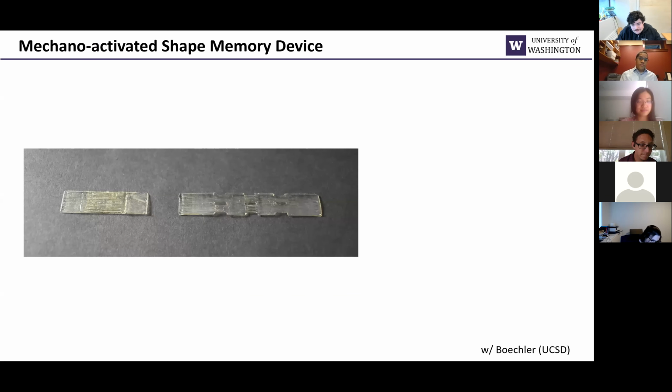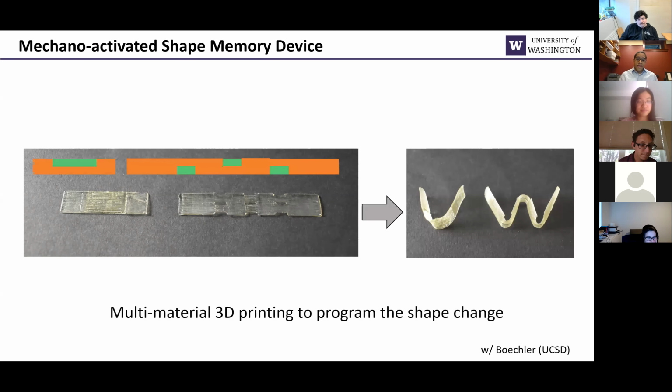And so there are ways to then create more sophisticated bending structures using this approach. This is something that we've done with our collaborator at UCSD, Nick Beckler. If I gave you these two structures and told you that we printed them, you probably couldn't tell what shapes they would produce upon mechano activation.